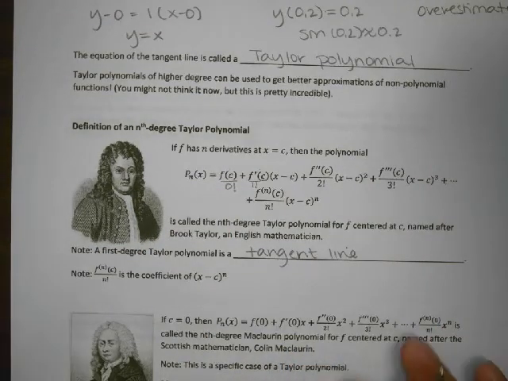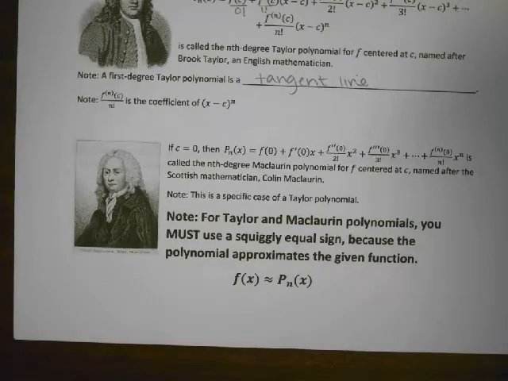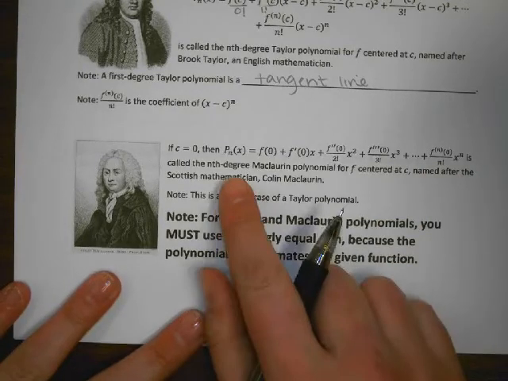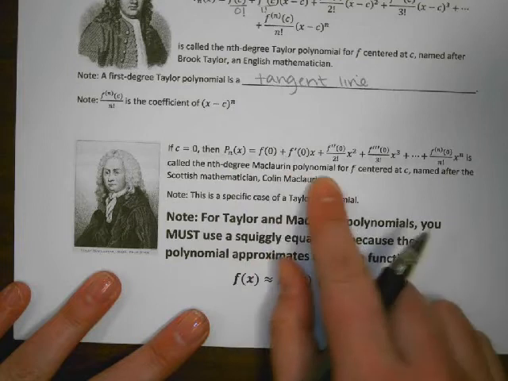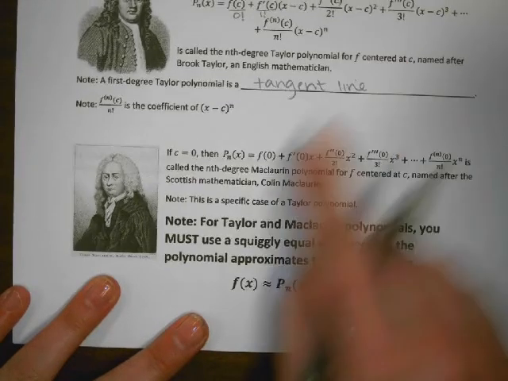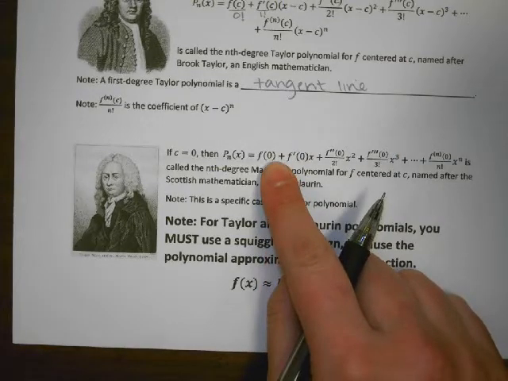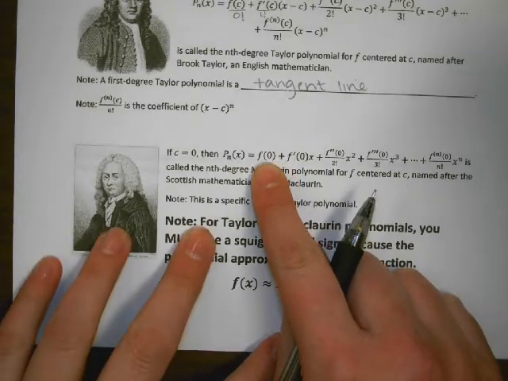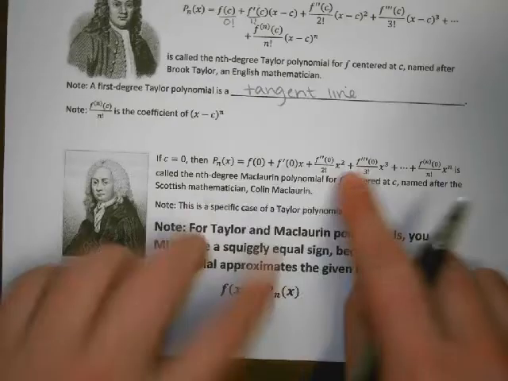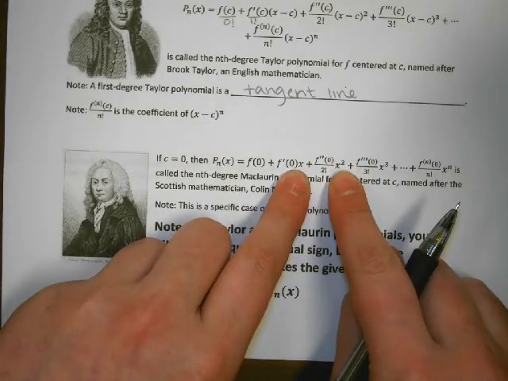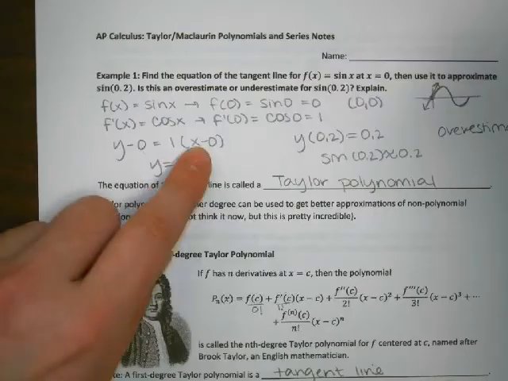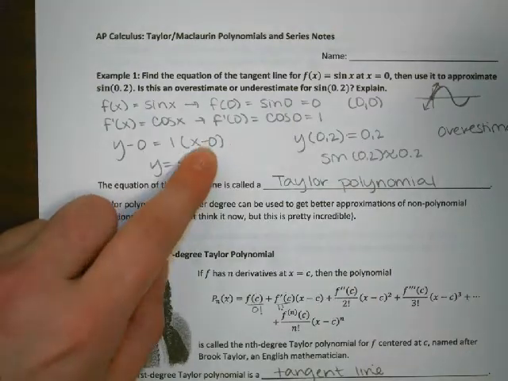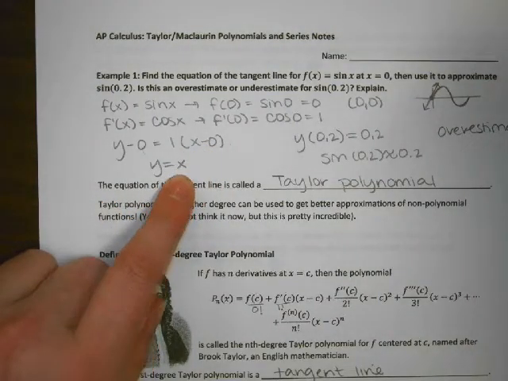All right, so then we have a picture here of Colin Maclaurin, and he has the nth degree Maclaurin polynomial, which is really just a Taylor polynomial, specifically when we're talking about using an x value of 0. And so you can see that his f of 0, f prime of 0, and then it doesn't say x minus c, because just like what we did up here, x minus 0, we just simplified and we called it x.